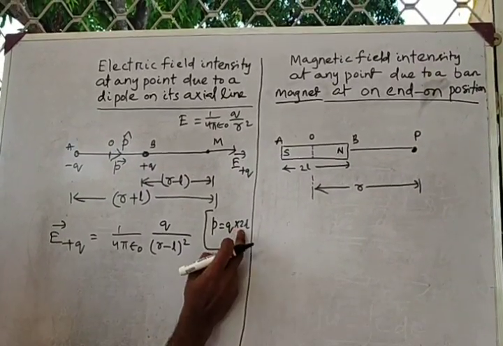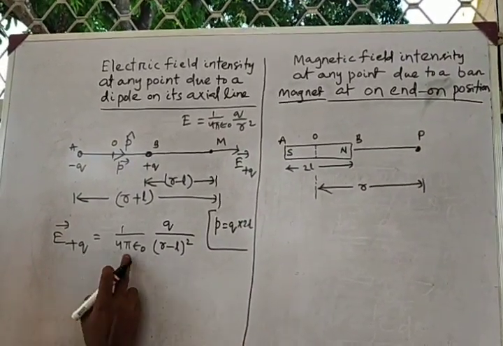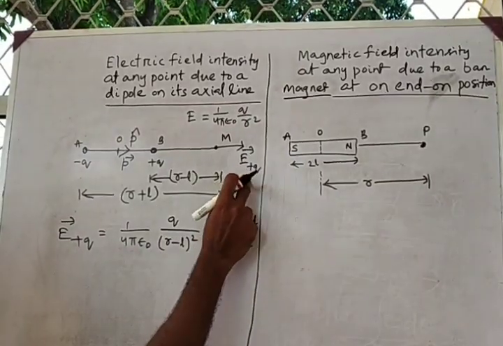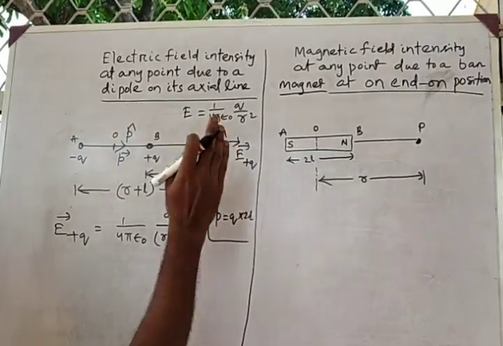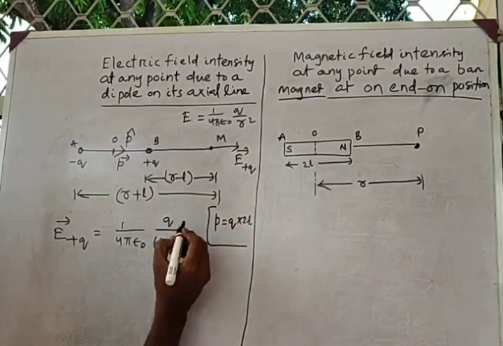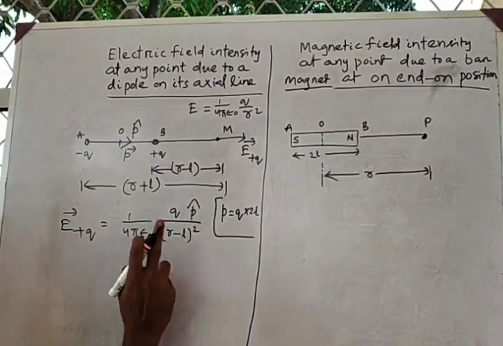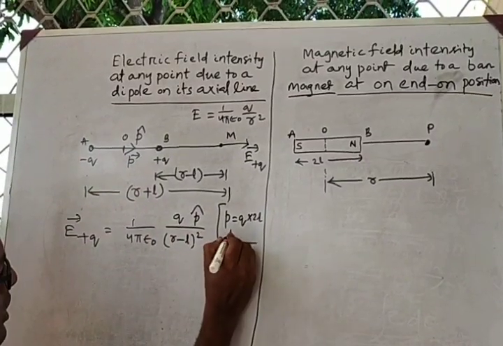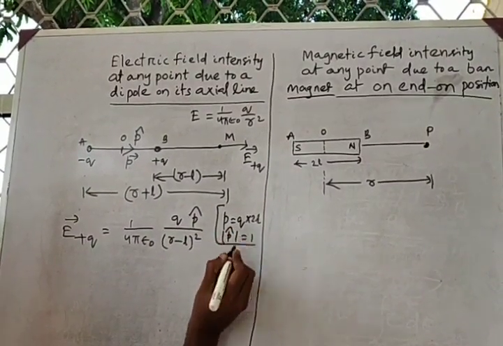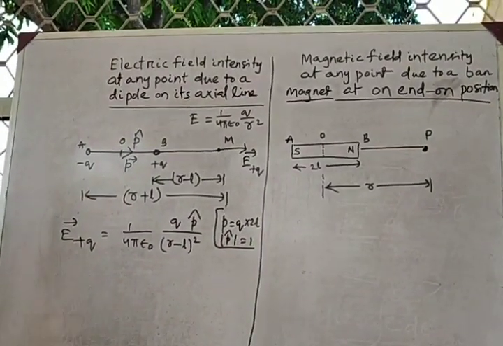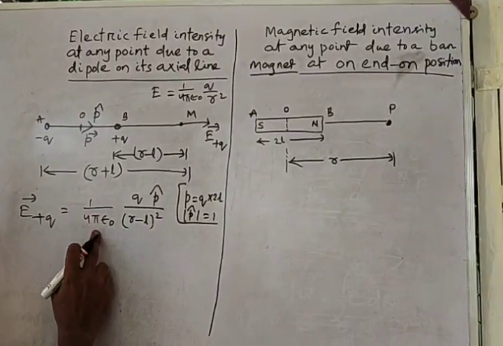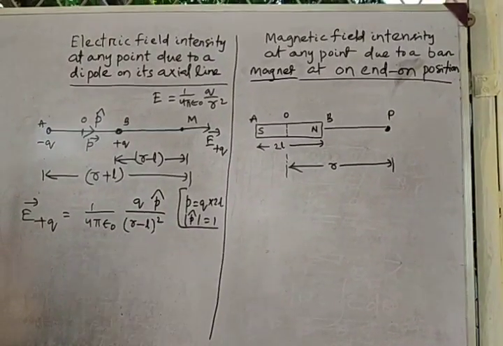So E plus Q vector is directed along the same direction as P cap. I am putting P cap because it will not change the magnitude; the magnitude of P cap is 1. So E plus Q equals 1 by 4 pi epsilon 0, Q P cap, by R minus L whole square.